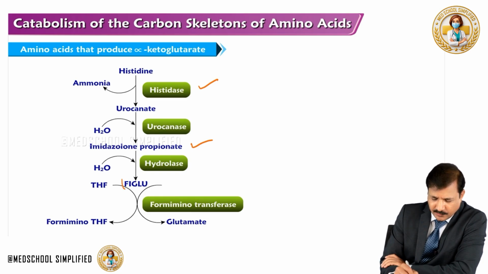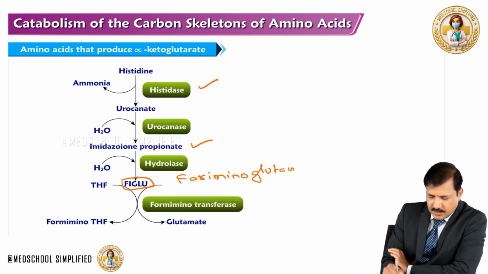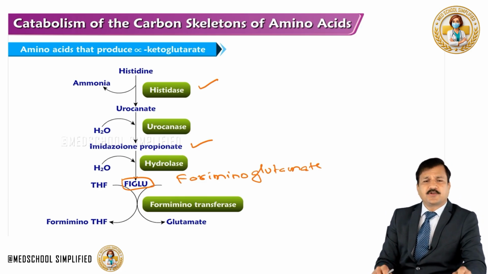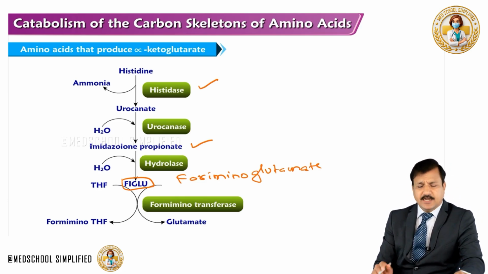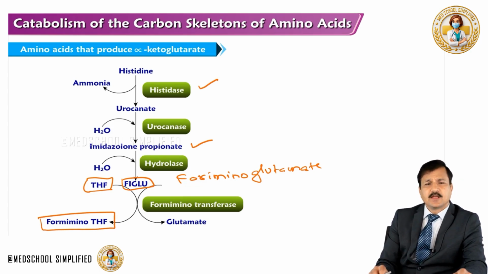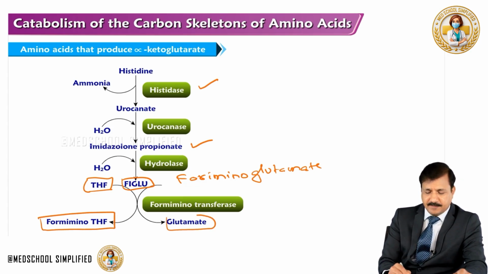formiminoglutamate, FIGLU. This formiminoglutamate undergoes the formiminotransferase reaction, where tetrahydrofolate enters the reaction and goes out as formiminotetrahydrofolate, and glutamate is made.